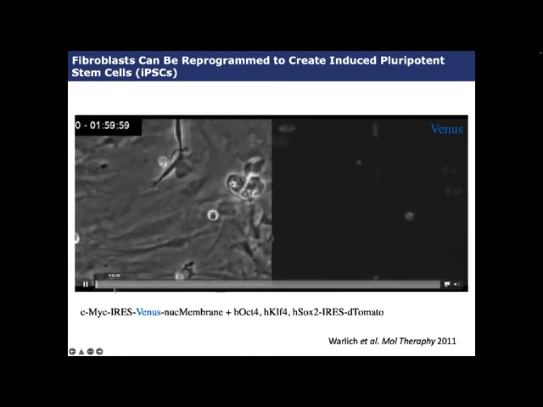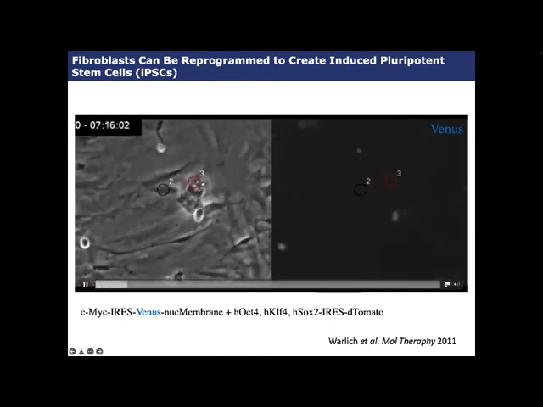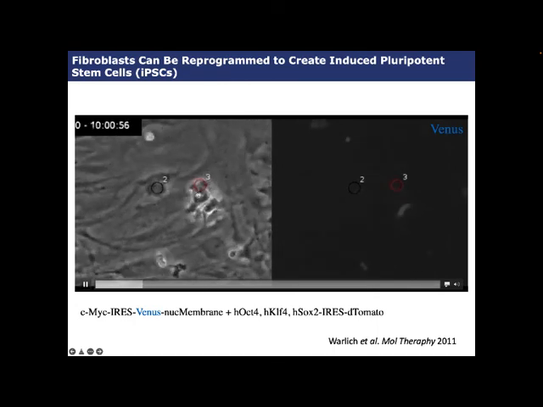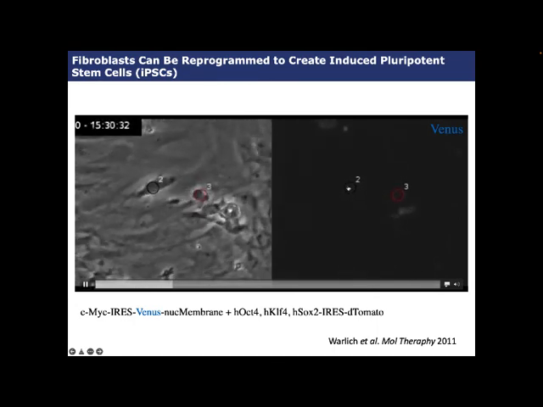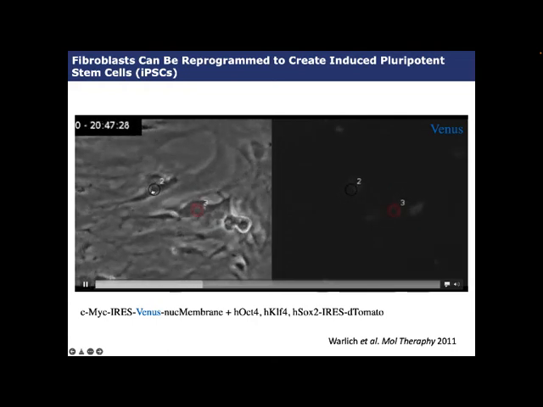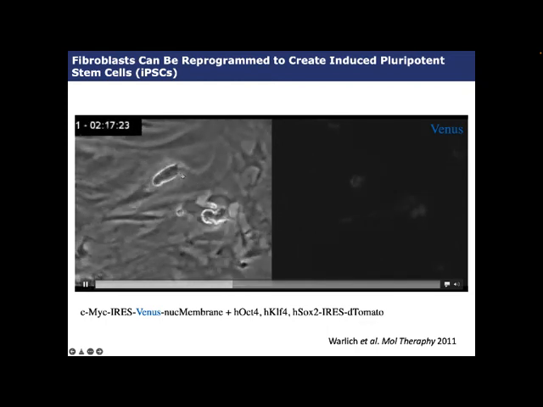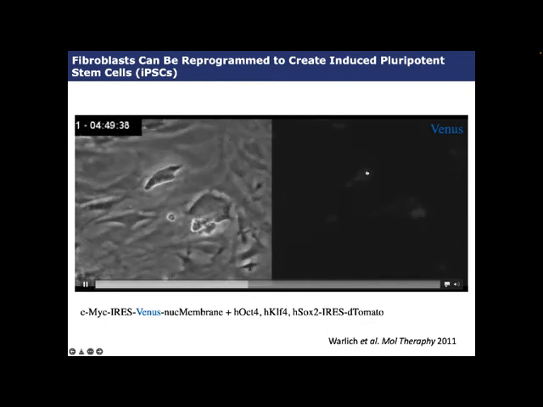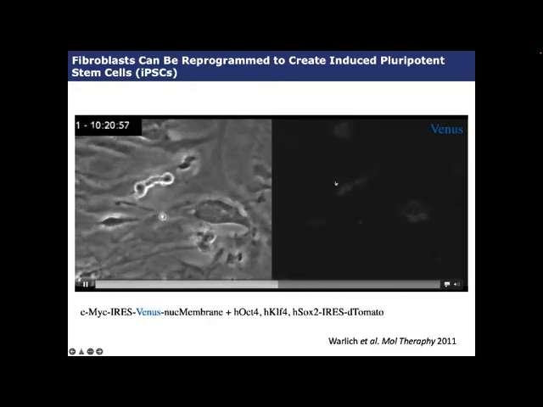This is the live imaging of the reprogramming after the delivery of 4 factors. In this image, they use a pluripotent gene reporter system with Venus fluorescence. After long-term culturing, you can see the division of cells here, very quickly dividing cells forming colony-like structures, and they also express the Venus, meaning they express the endogenous pluripotent genes.